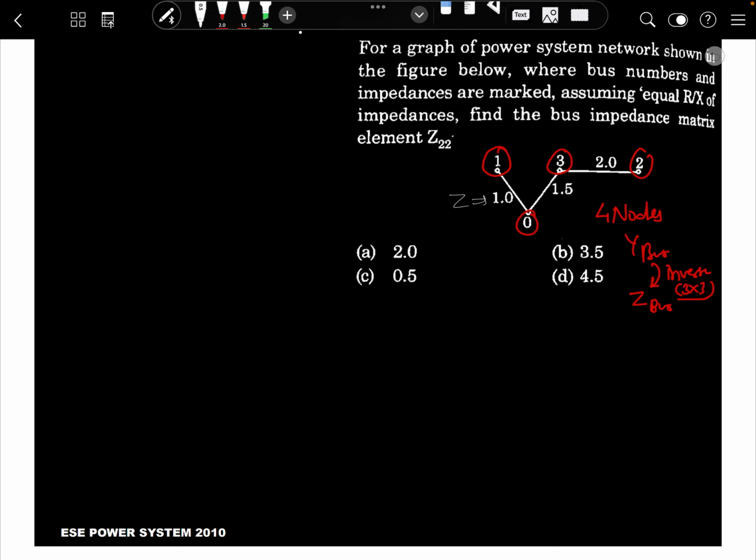How will we go with Z bus? We will take 1 by 1 bus. So take first 1 and 0, and here if we say 1, so I write Z bus is equal to 1. Now again we connect with the 0 to 3, the value is 1, and then 1.5 here.